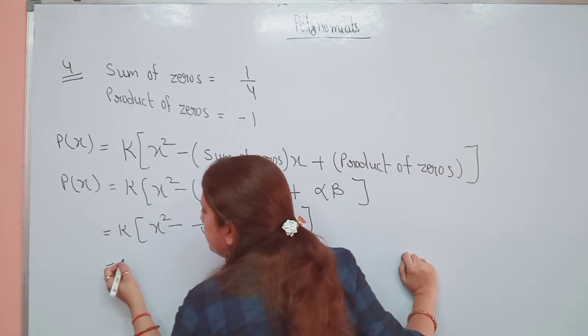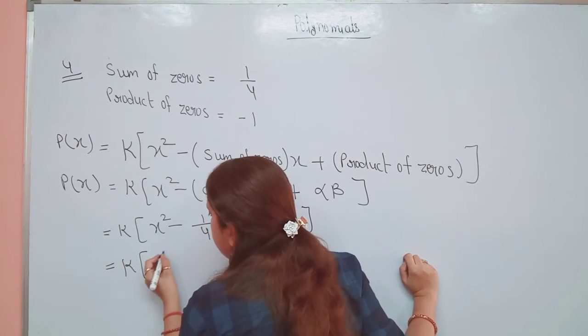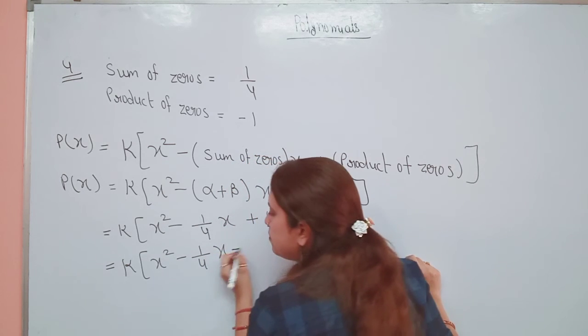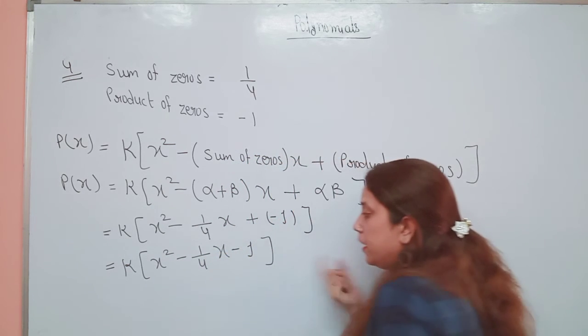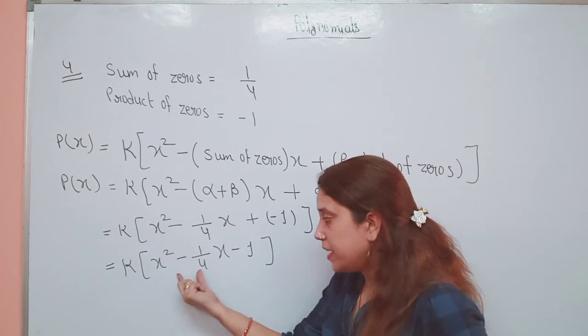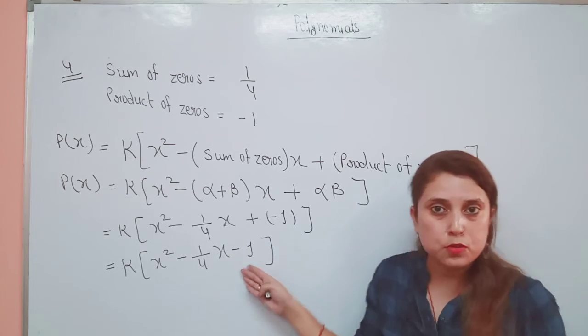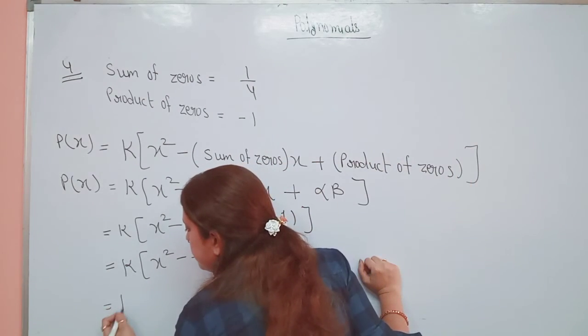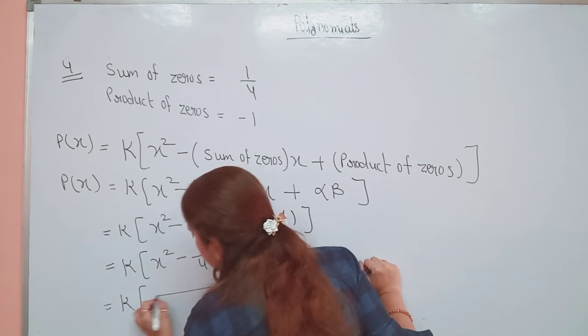Now solve for it. k x square minus 1 by 4 x plus minus 1. You can leave the answer here, or you can solve it by taking LCM. आप इसको यहाँ पर भी छोड़ सकते हो, इसको solve भी कर सकते हो, take a LCM. If we take LCM, it will be k, 4 is the LCM.